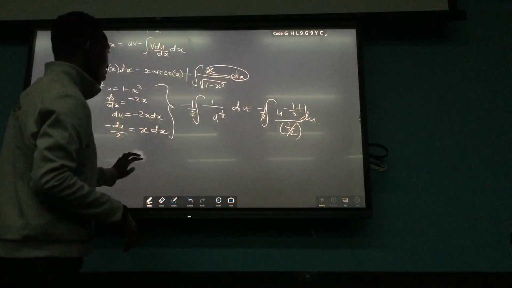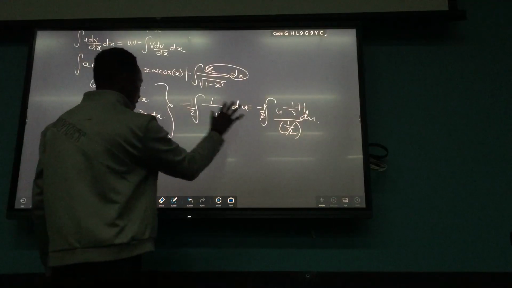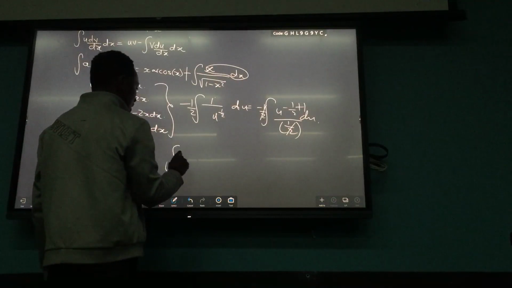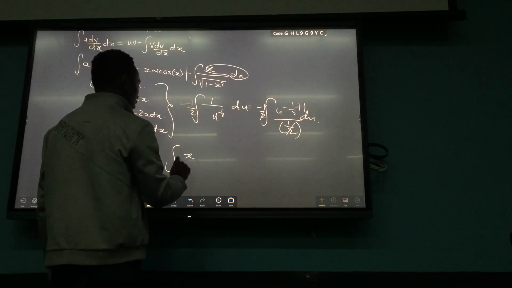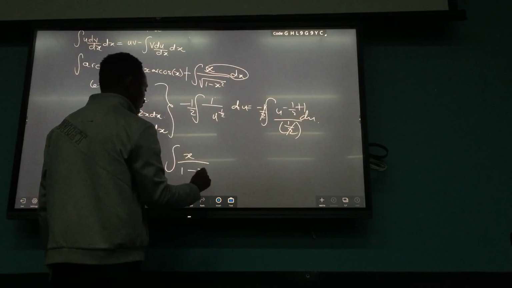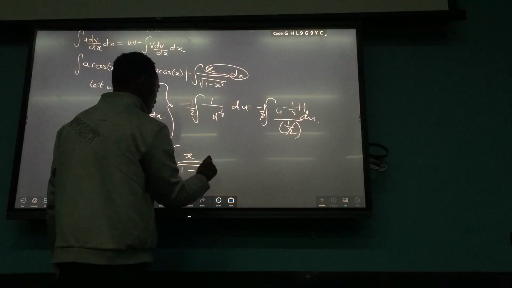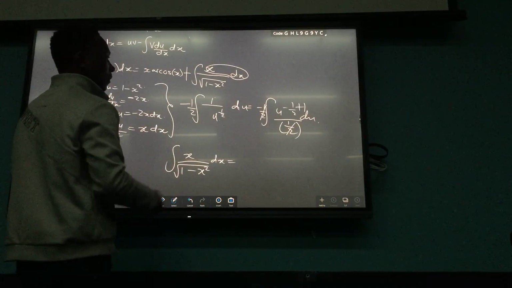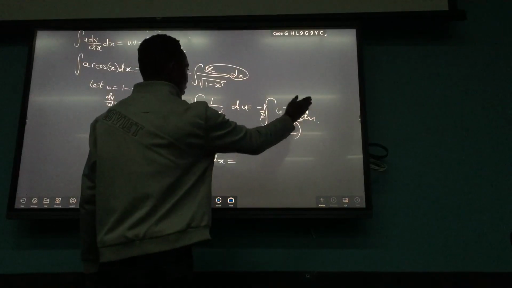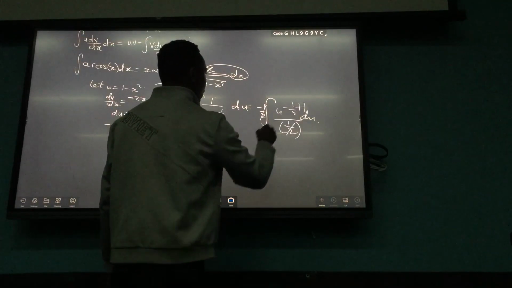So we're going to write the solution for this part: the integral of x over the square root of 1 minus x squared, with respect to x, is just u to the power half, right?